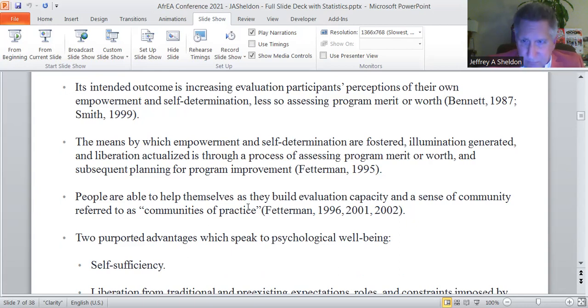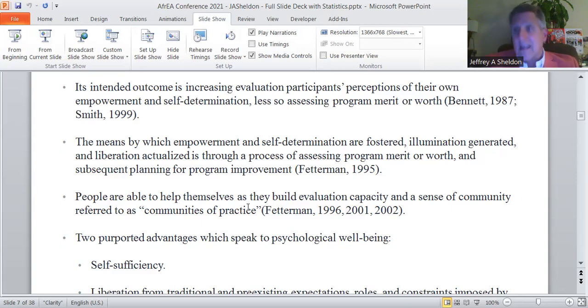So, by engaging in a process, as we think of evaluation, we think of following a system, following a structure, having evaluation questions and design, creating our evaluation design and implementing it, and having procedures and methods and things like that.